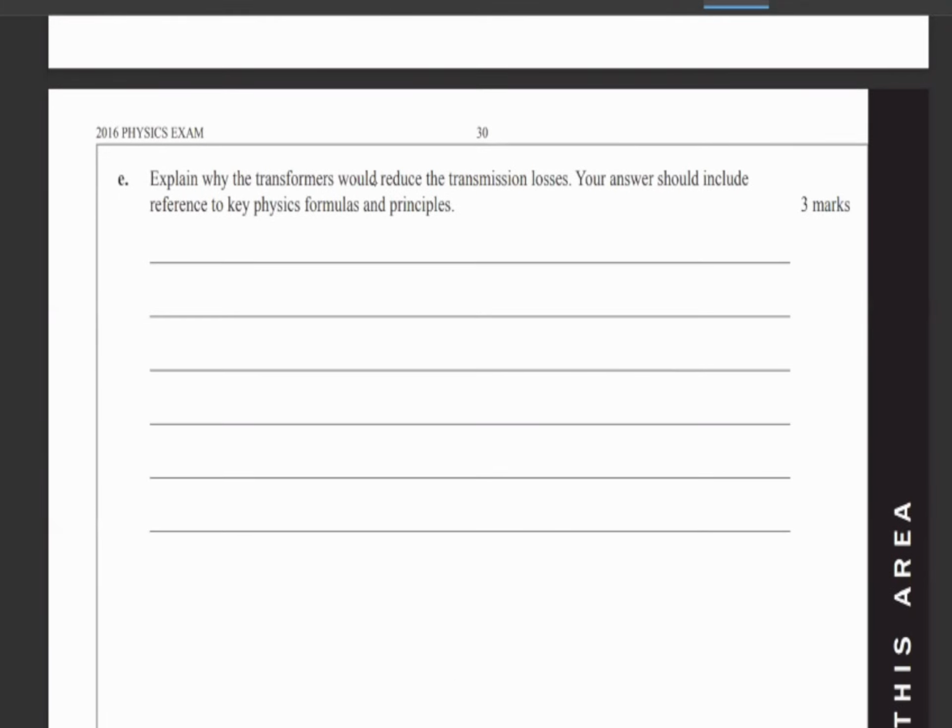Explain why the transformers would reduce the transmission loss. Your answer should include reference to key physical formulas and principle. So the step up, the higher the voltage, the lower the current.